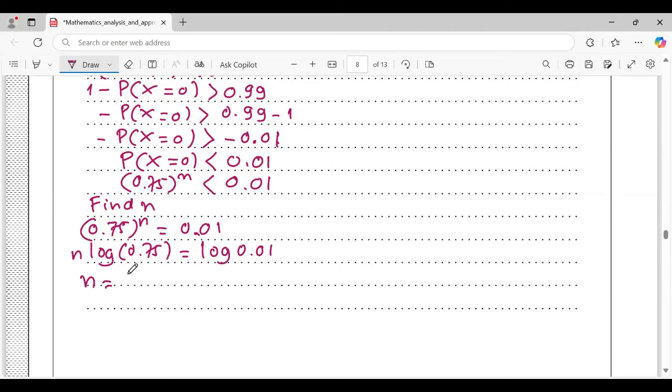So n equals log 0.01 over log 0.75. And if you calculate, the result is 16.0078455. This is n. Now let's recheck.